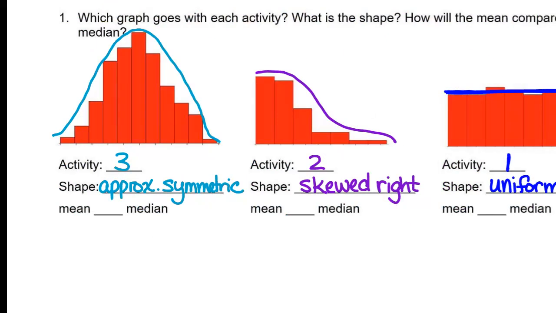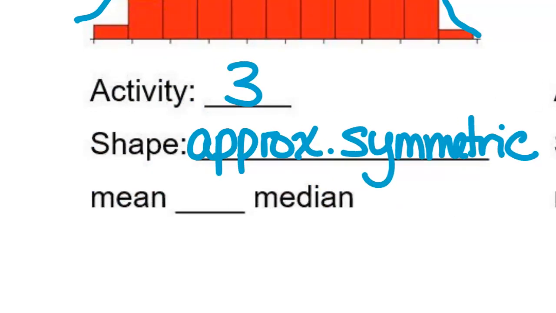In an approximately symmetric distribution, is the mean bigger than the median? Is the mean smaller than the median? Are they about the same? They're about the same in a symmetric distribution. So the mean is going to be really close to the median.